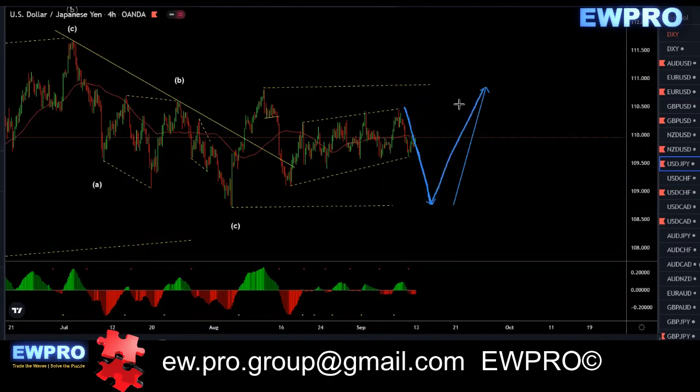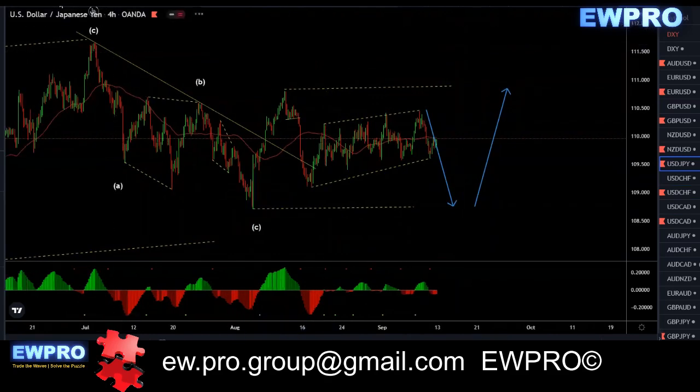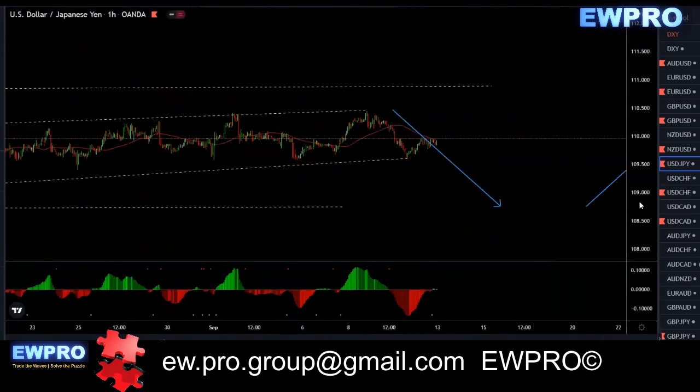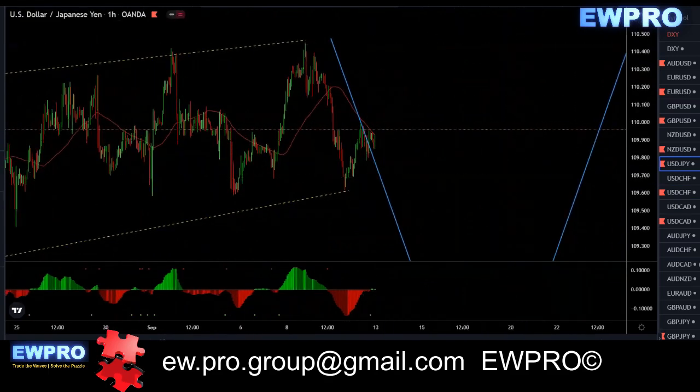You can look for that on the lower time frames. H1, it's giving a buy setup again. More than likely, we got a lower low here, so more than likely this just be an A, B, C up in here before we get more downside.